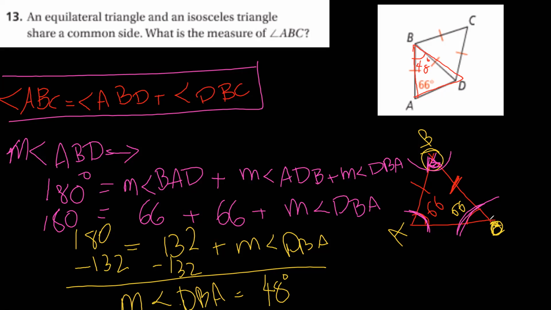Is it clear? Okay. So the question asked me to find the measurement of the angle ABC, and I told you that the measurement of the angle ABC is the summation of ABD and DBC. So what does it mean?